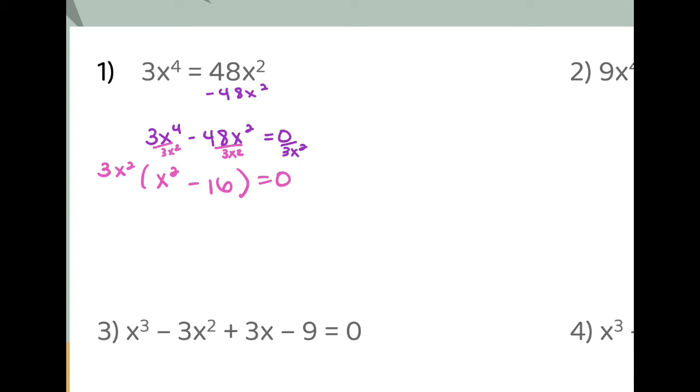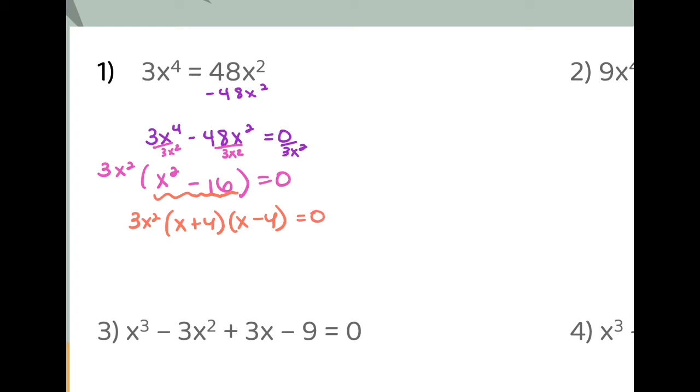All right, so now I'm going to do my two things. One is I can take the x squared minus 16 and factor it further, or when I split and solve this, because if either factor is 0, the whole thing is 0, I can split that up as x squared minus 16 equals 0 and then use the even root property. Because we're practicing factoring, I would say let's take it to the next step. So 3x squared, and then x plus 4 and x minus 4.